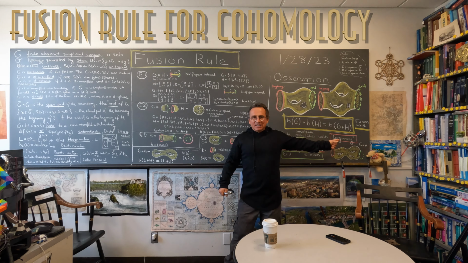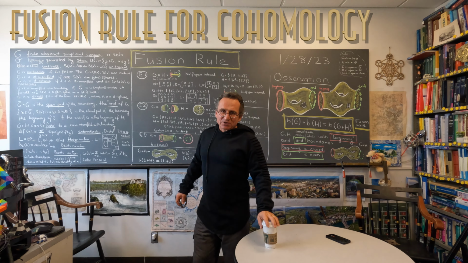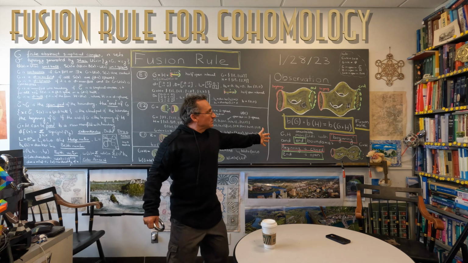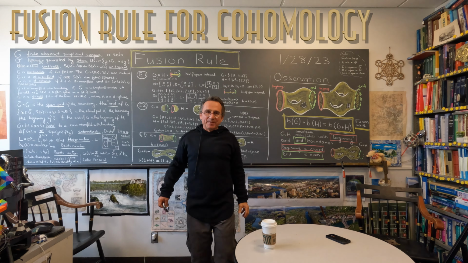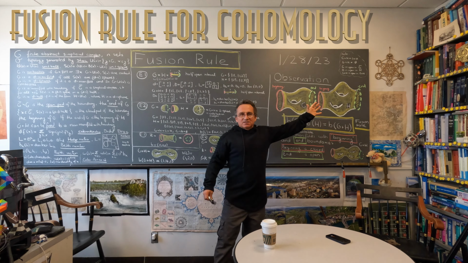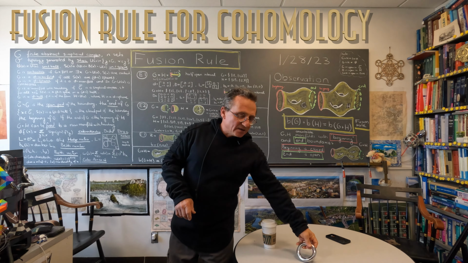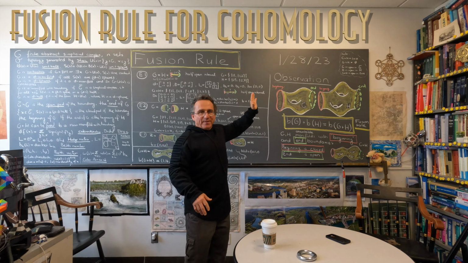That's why the fusion rule doesn't work there. But it's not bound to 2 dimensions. These are pictures in 2 dimensions, right? We have surfaces of genus which you glue together, but this can be higher dimensional manifolds.